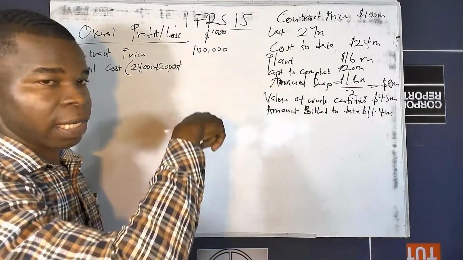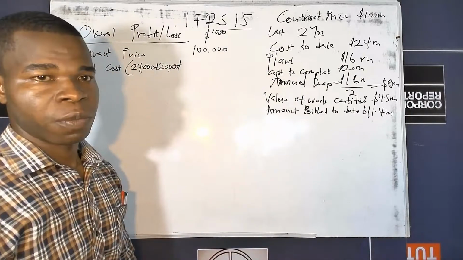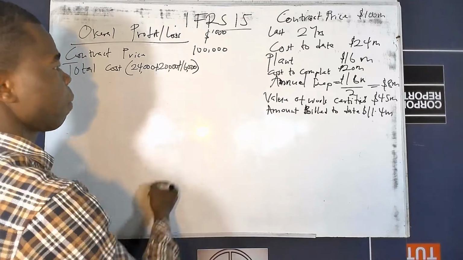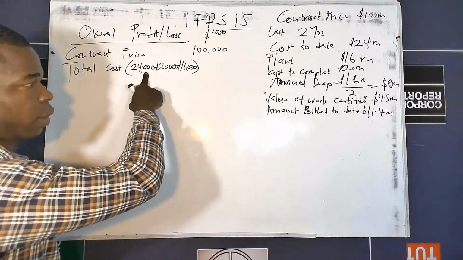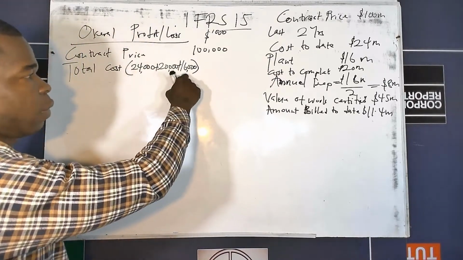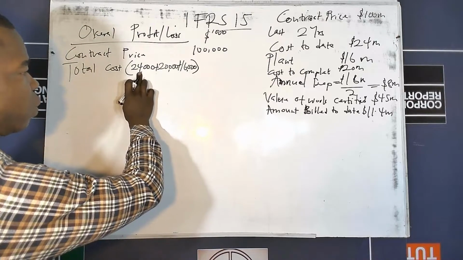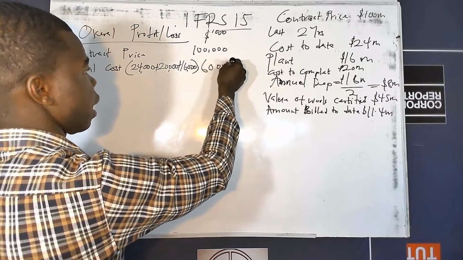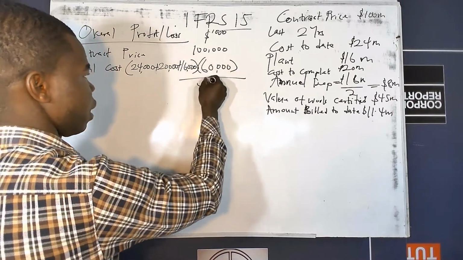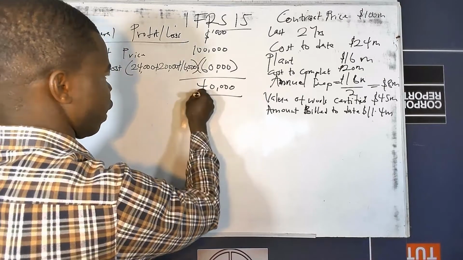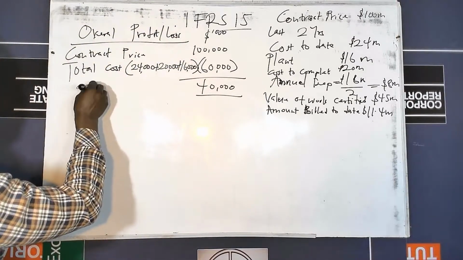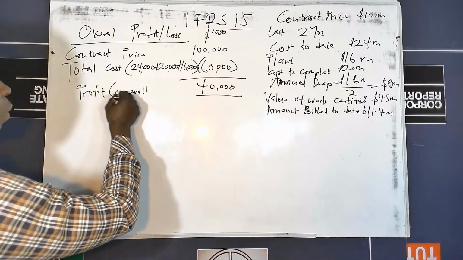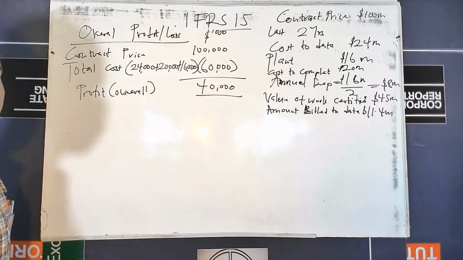This cost was incurred on the date of the contract, so we have to add the 16,000 to it. So this is the cost to date, this is the cost to complete, and this is the new plant we added. If you add these, you get 60,000 as our total cost. We less this to get a profit of 40,000. So this is our overall profit. Overall profit is 40,000 in this question.